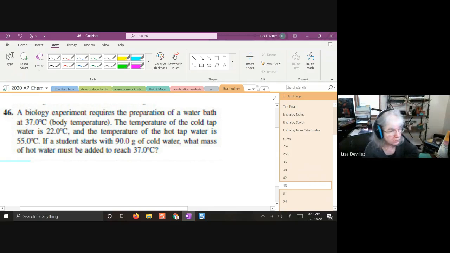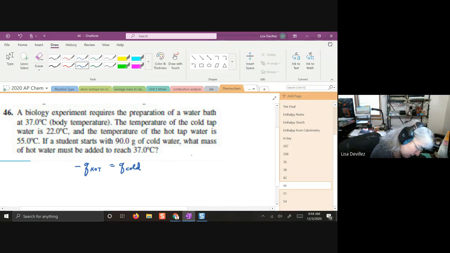Okay, so this is really kind of like the metal in the water one. We're going to treat it that way anyway. So we're going to say that minus Q of the hot water is going to equal Q of the cold.